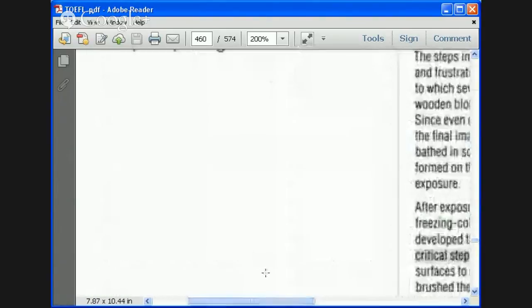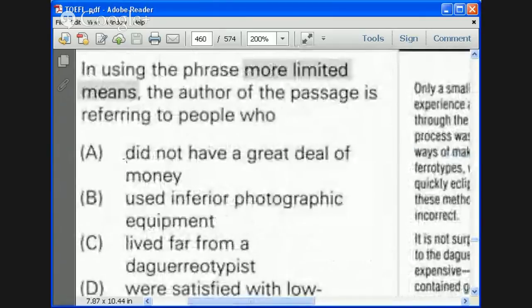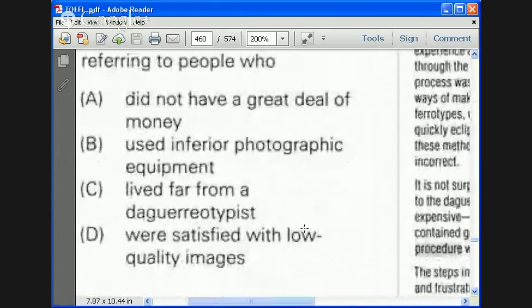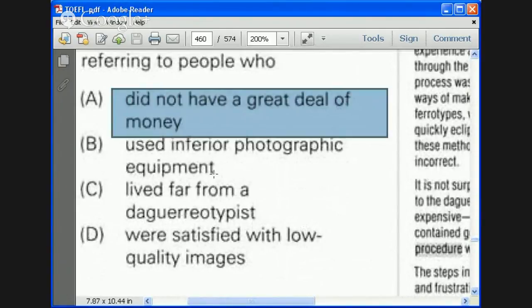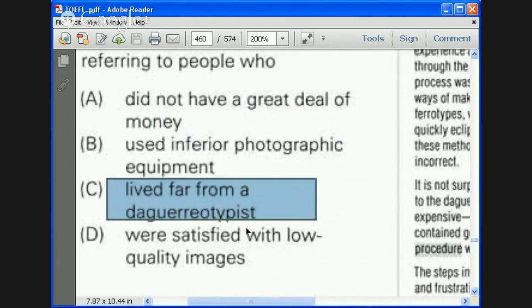Okay, so looking at the answers, "more limited means" refers to people who what, David? Did not have a great deal of money, used inferior equipment, lived far from a daguerreotypist, were satisfied with low-quality images.